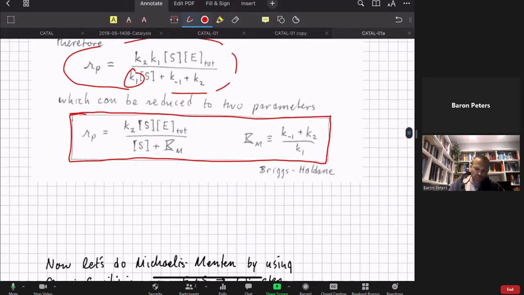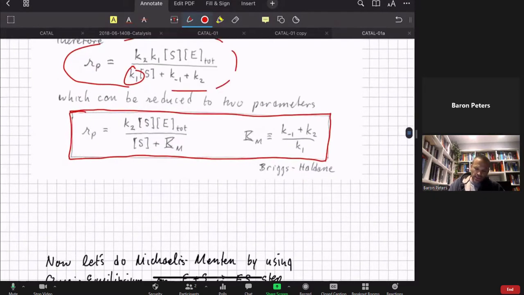Let's do a little sketch of that, just so that everybody sees what we have here. So here's my rate law. This is versus the substrate concentration. At very small substrate concentrations, so when we're way down here in this corner, we don't really see this term in the basement, and it just looks like it's proportional to the substrate concentration that lives upstairs. So it's going to start out looking like this.